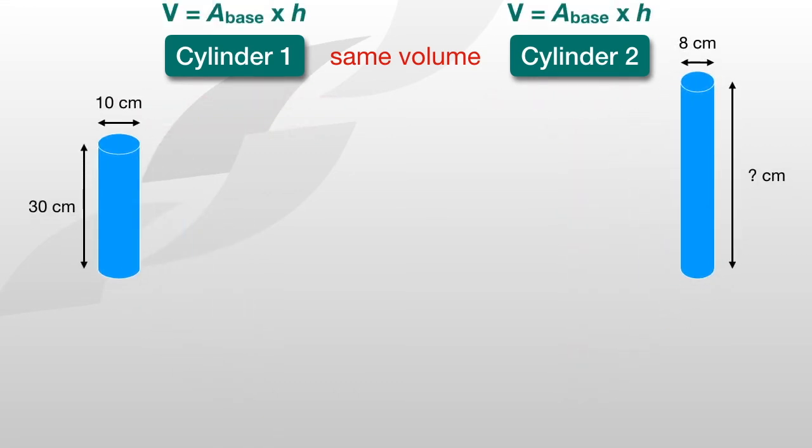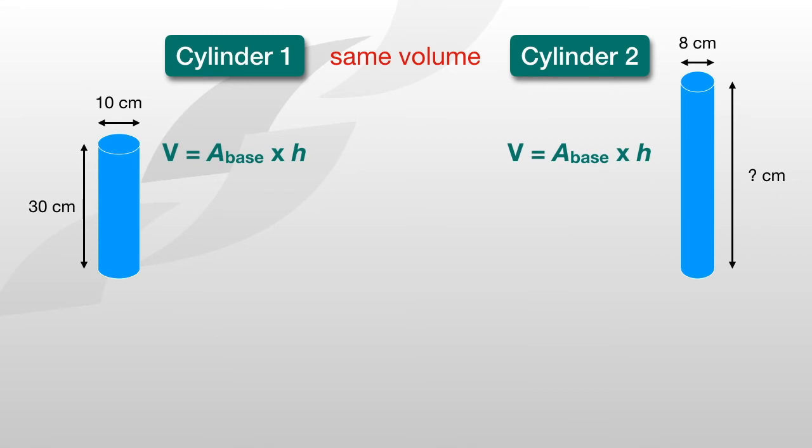For both cylinders, we can use the general formula for the volume of a prism. In this case, our prisms are cylinders, so the bases are circles, meaning that the area of each base is pi r squared. The first cylinder has a diameter of 10 centimeters, so its radius is 5 centimeters.